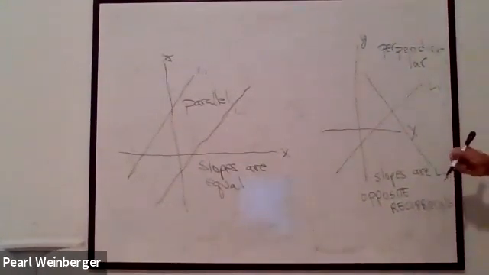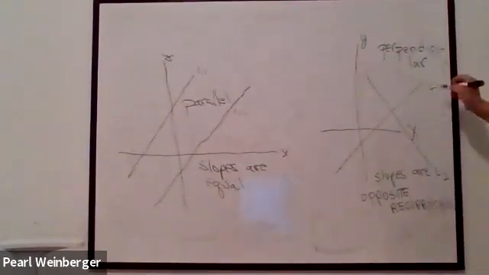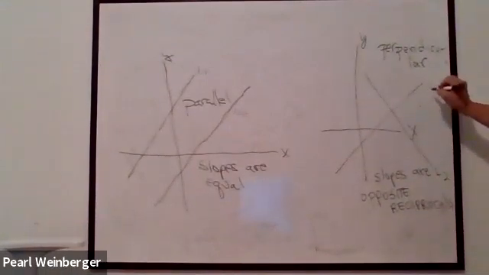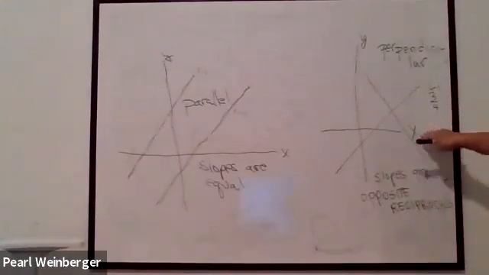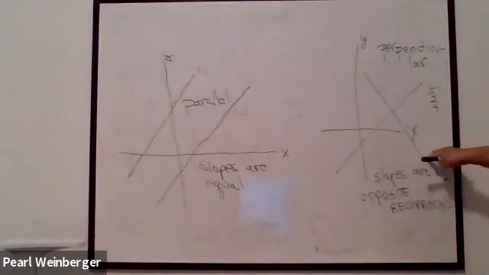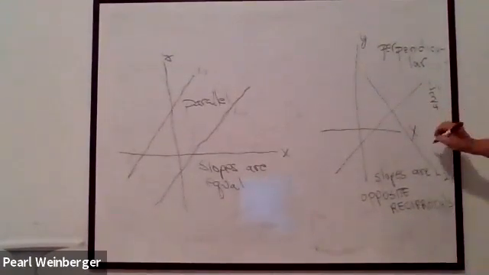What does the word opposite reciprocal mean? Let's say the slope of line 1 is 3/4. Then the line that's perpendicular to it would have to have the slope that's flipped over.